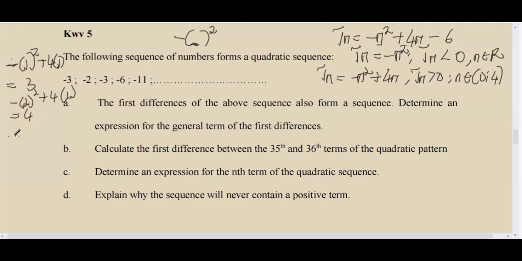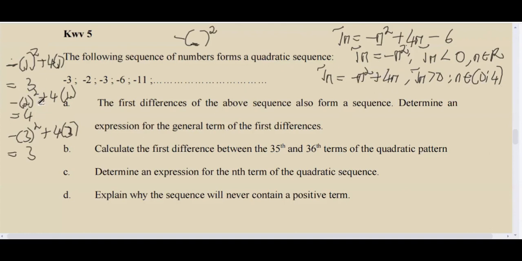And then if we are substituting 3, this is negative 3 squared plus 4 times 3. So let's substitute 3 there. This is going to give us 3, right? Now, but then look at this. Obviously, if you substitute 0 and 4, it's just going to give us 0.